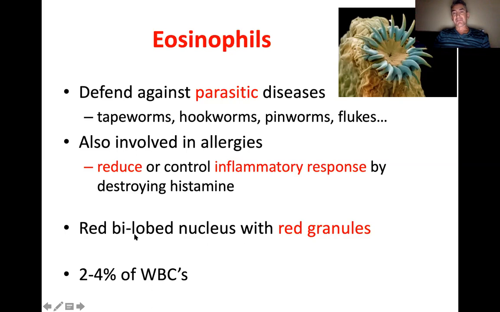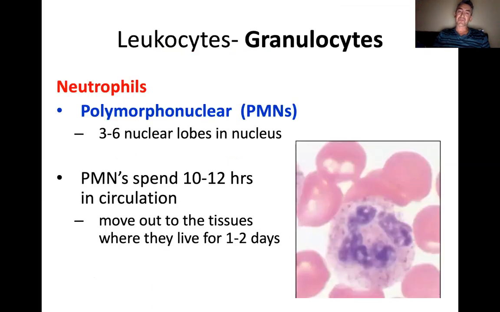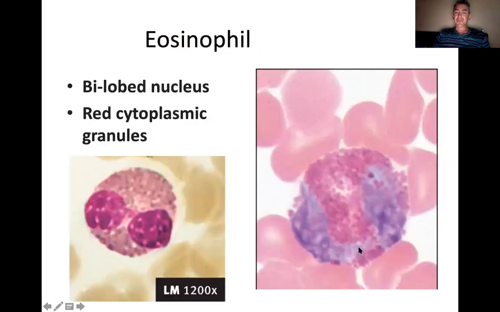So again, pretty distinctive, and I'll show you a picture next here. Right? And then that red stain will stain the granules red. So eosinophils, quite distinctive from the neutrophils. Neutrophils, blue, 3 to 6 lobes on the nucleus. Eosinophils are going to be red.